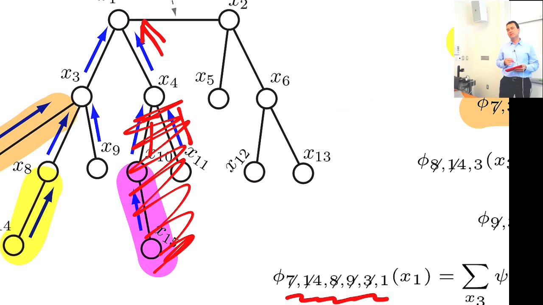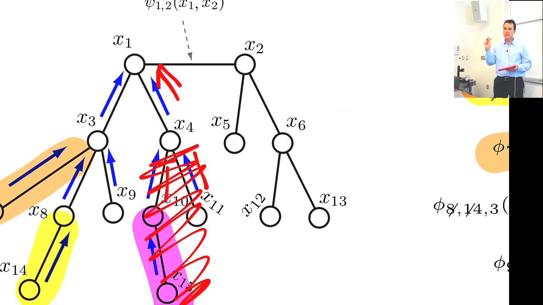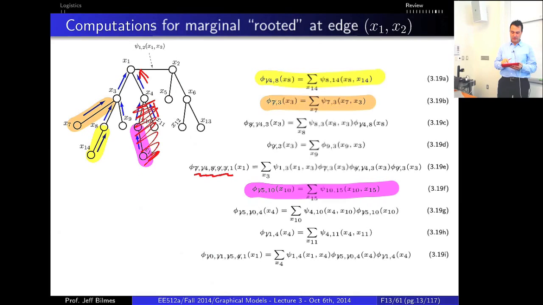Now, the fact that x4 has had this history of having messages sent to it is, to some extent, irrelevant from the perspective of the message being sent from x4 to x1, as long as the consequences of those former messages or former elimination steps are somehow represented in the representation for what's going on at x4.